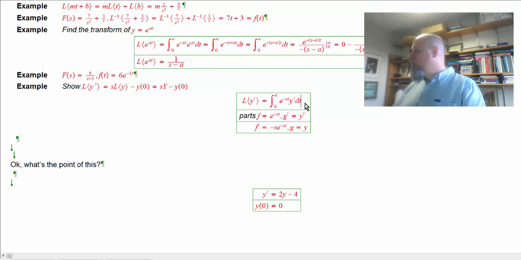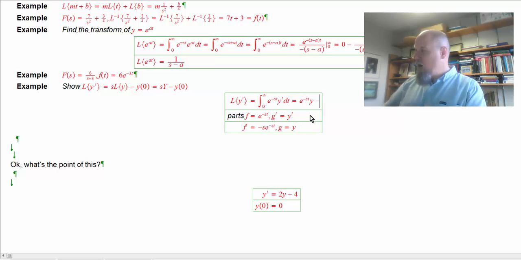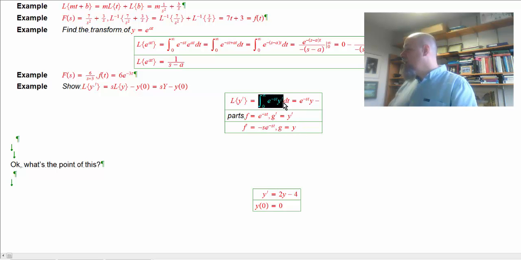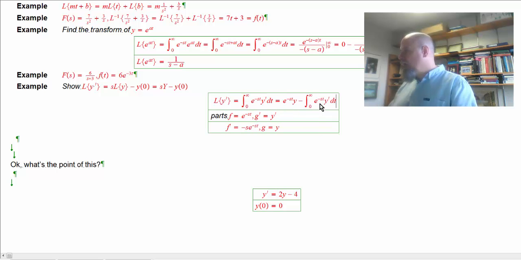So when I put these two pieces in, it's going to be f times g, minus the integral of the two things I made.